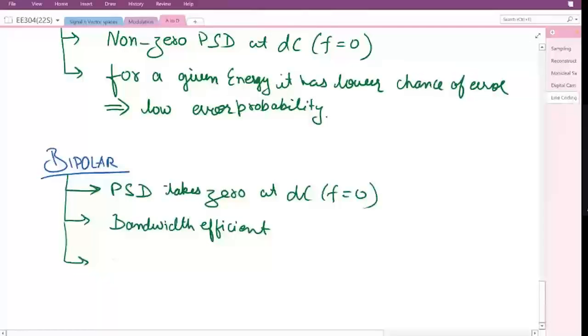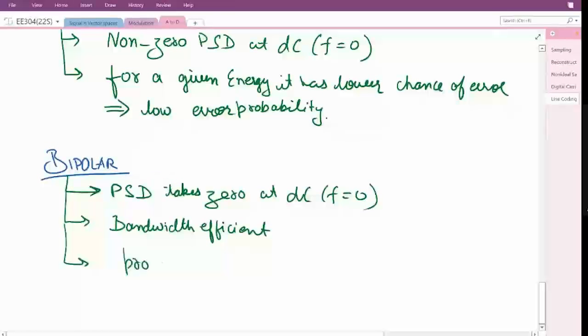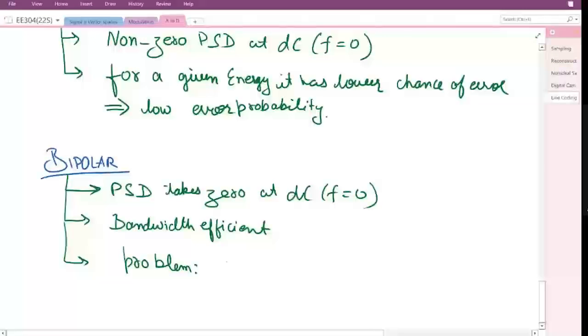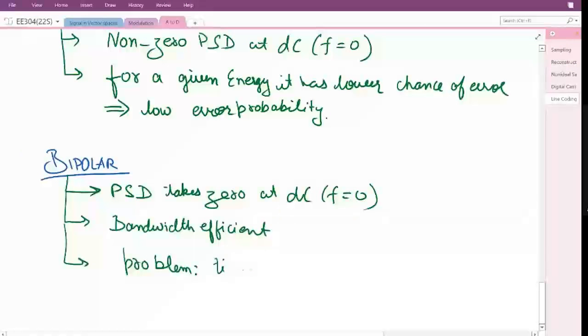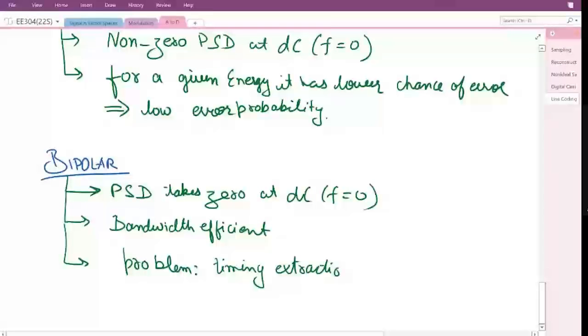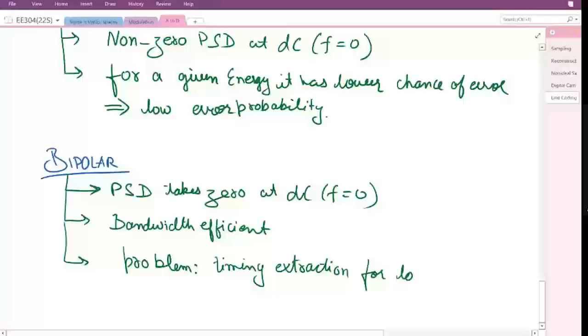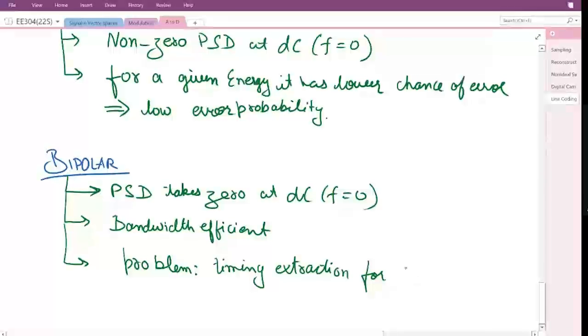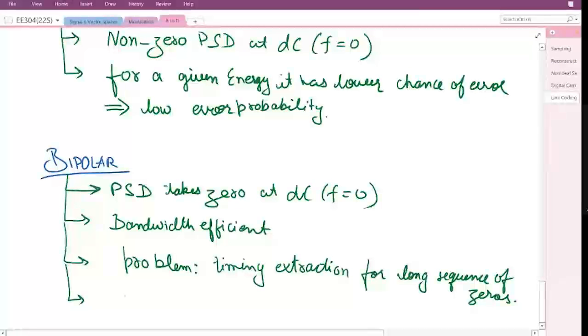And the other point is, what is the problem? Timing extraction for long sequences of zeros. Another thing is it can perform one bit error detection or correction.